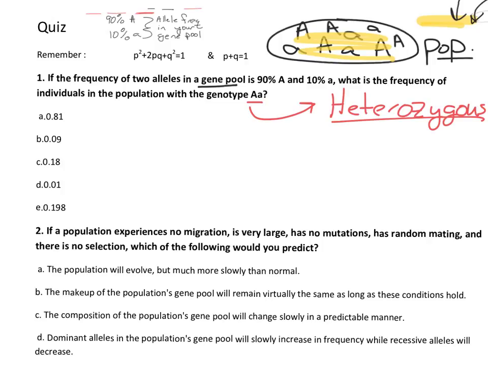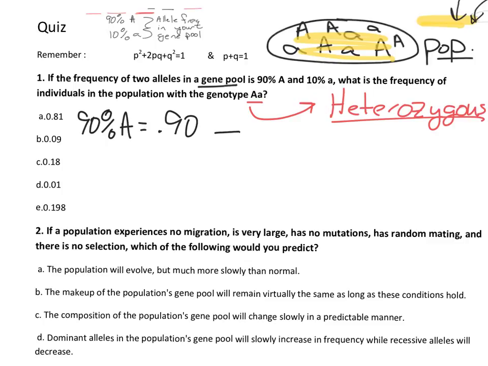So I got 90% A. He said that he started with 0.9. What am I going to do with that 90%? Turn it to a decimal. I'm going to move it from percentage to decimal, moving it twice to the left. That's right. So I got 0.90 for A, which is what? Dominant. So that's a percent A. Is that P or Q?